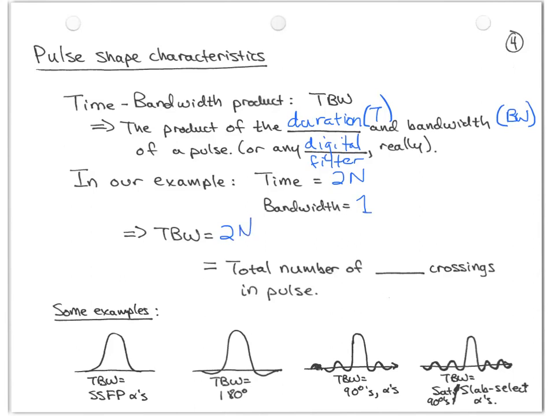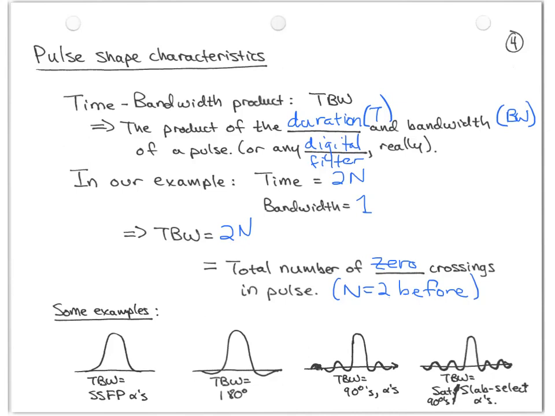And this happens to be equal to the total number of 0 crossings in the pulse, and so that means that n must have been 2 before. Right? So a sinc function, if you recall, is 1 at 0, and then it has 0 crossings at every integer. And indeed that's what we see in our pulse here.